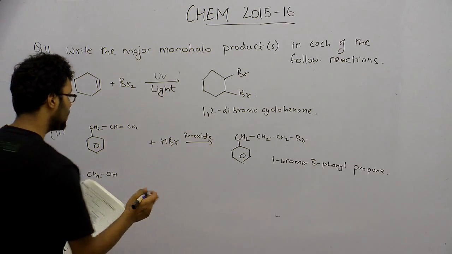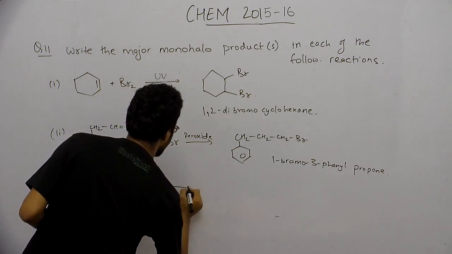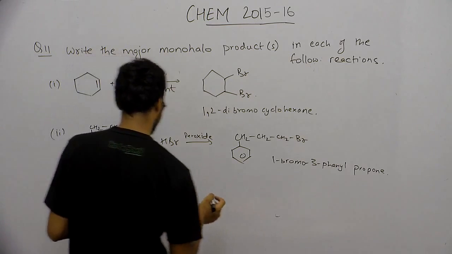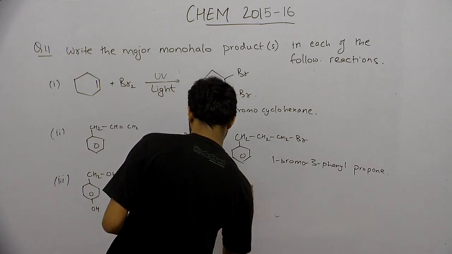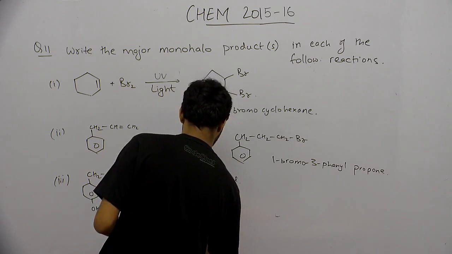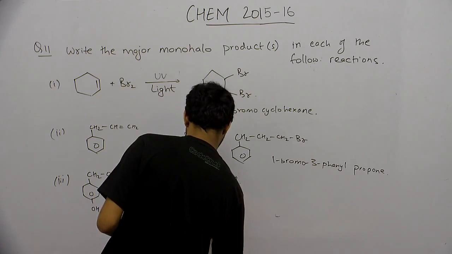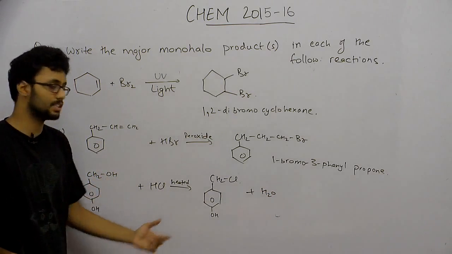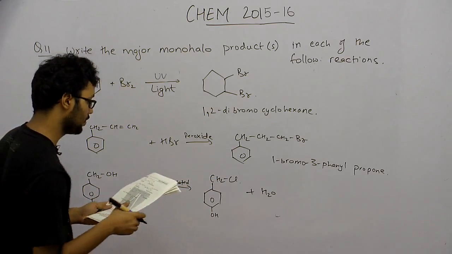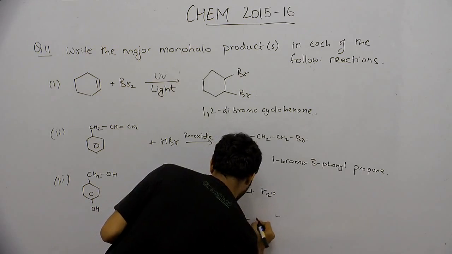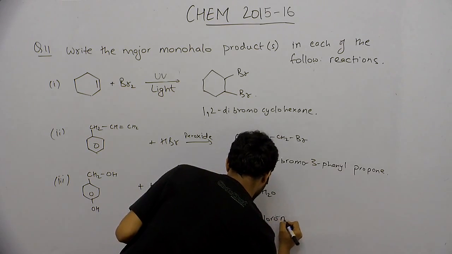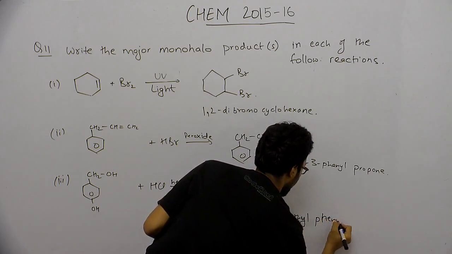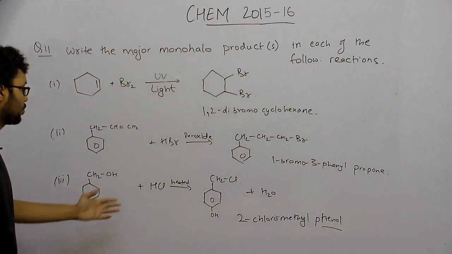When this is reacted with hydrogen chloride and heated, the main product formed is, so the hydroxide group is replaced by the chlorine group, and the product is 2-chloromethylphenol.